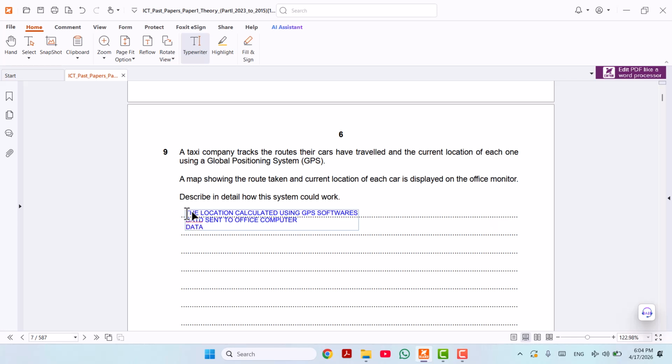Data is transmitted every second. And say after this data is stored in the computer.